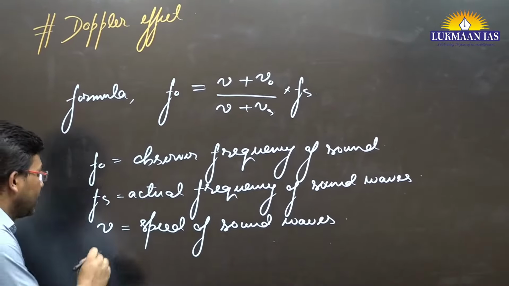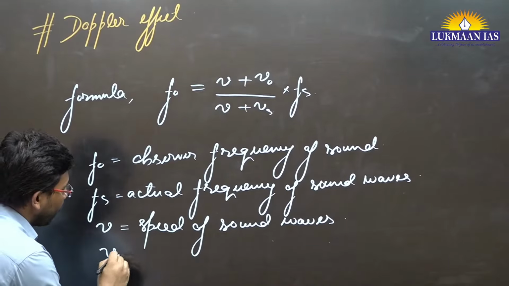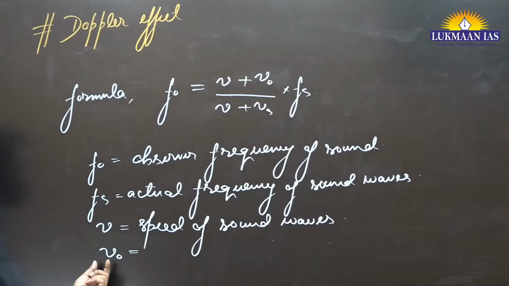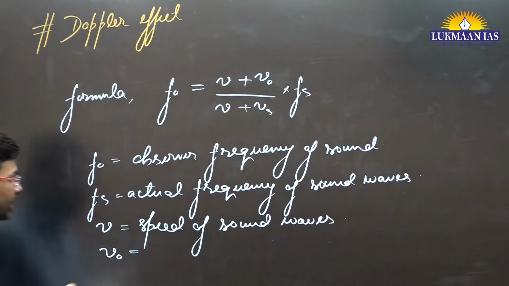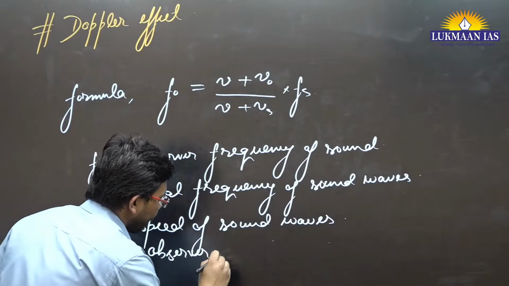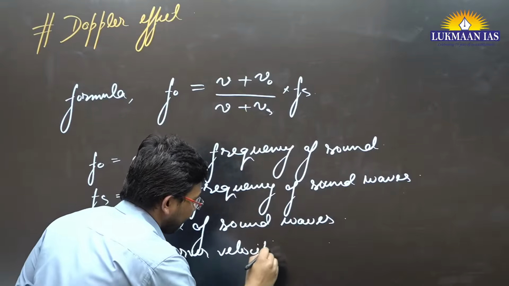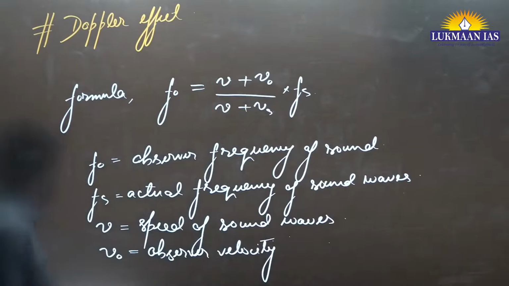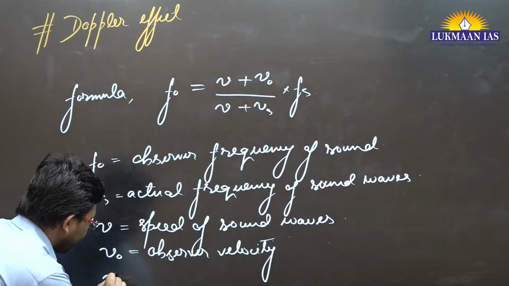Now write down v0. This is read as v naught, whenever we have this small zero. v0 is the observer velocity. Now write down vs, source velocity.